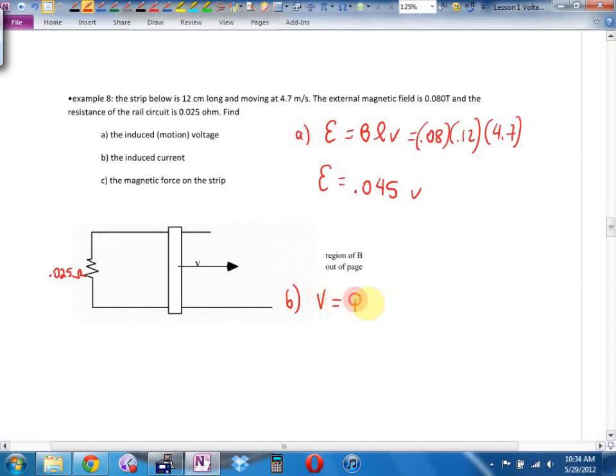V equals I times R. I think that's really going to be I equals V over R. 0.045 divided by 0.025. How many amps of current do we have going? 1.8 amps? Actually, that's not a bad little amperage there. You get a shock.